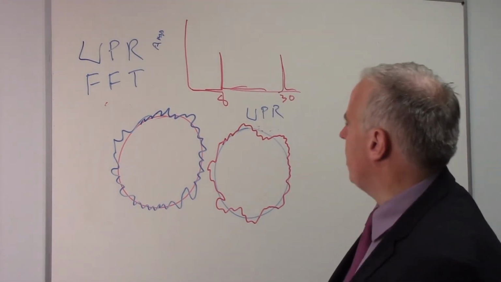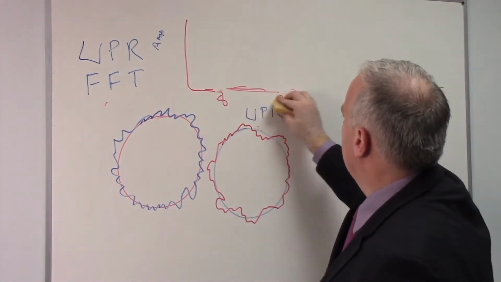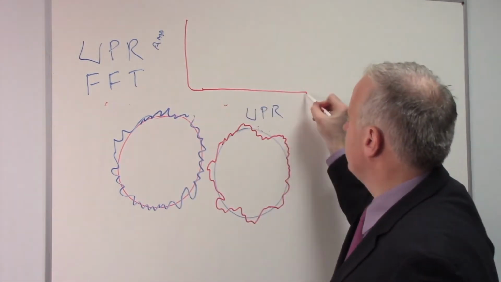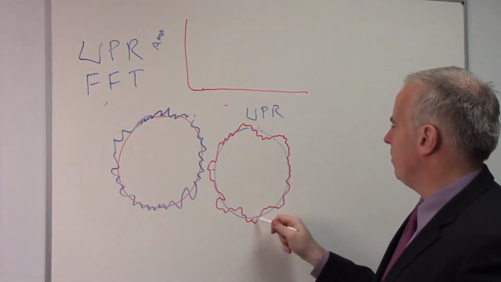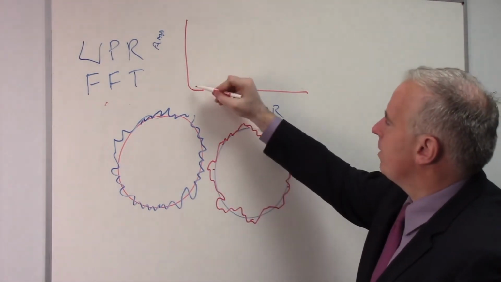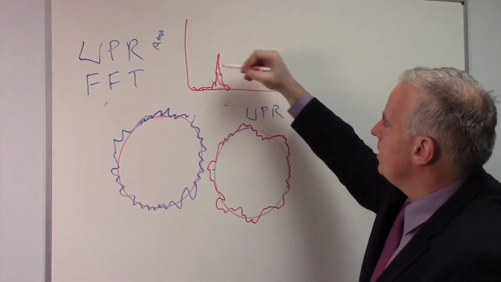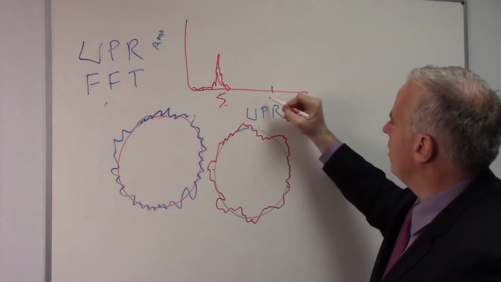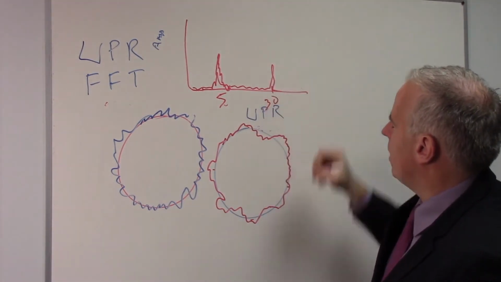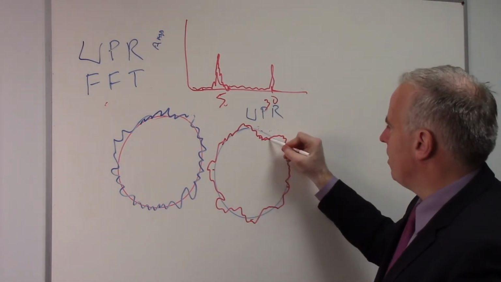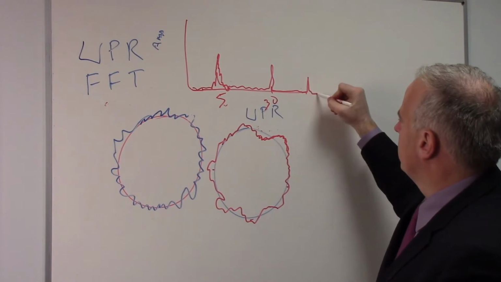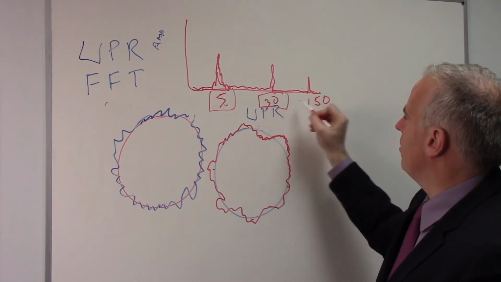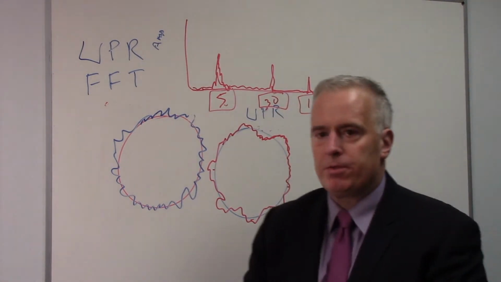So now if we do a Fourier transform on this, our magic little Fourier transform program is going to figure out what these frequencies are, and it's going to say, well, it looks like we've got 1, 2, 3, 4, 5. We've got something around 5. And it's not nice and neat. And then we've got something of higher frequency, maybe something around 30, and we get something like that. And then maybe we have some super high frequency at 150. So we have a peak at 5, at 30, and 150 based on what we have there.